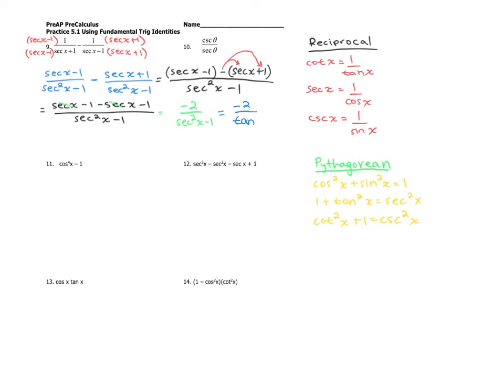tan squared x. But there is one more final step that you have to do, and this might be sometimes a little tricky to catch, but the final step we have to do here is we have to convert this into, let's just bring that over here, so minus 2 over 1 times 1 over tan squared x.